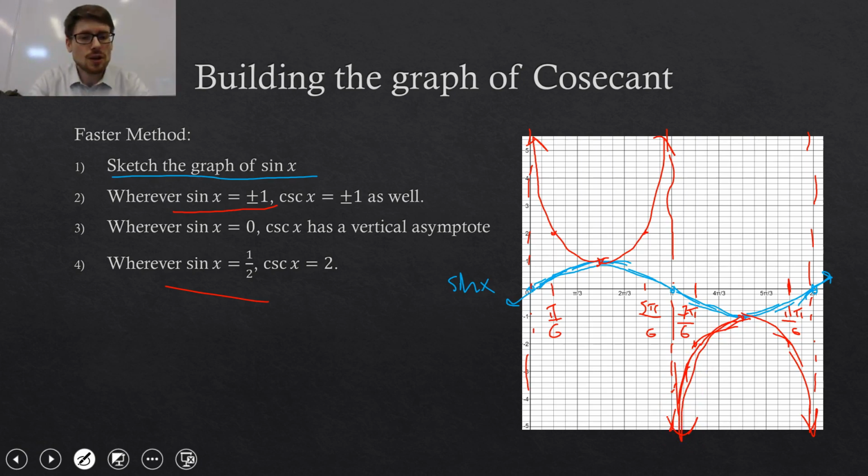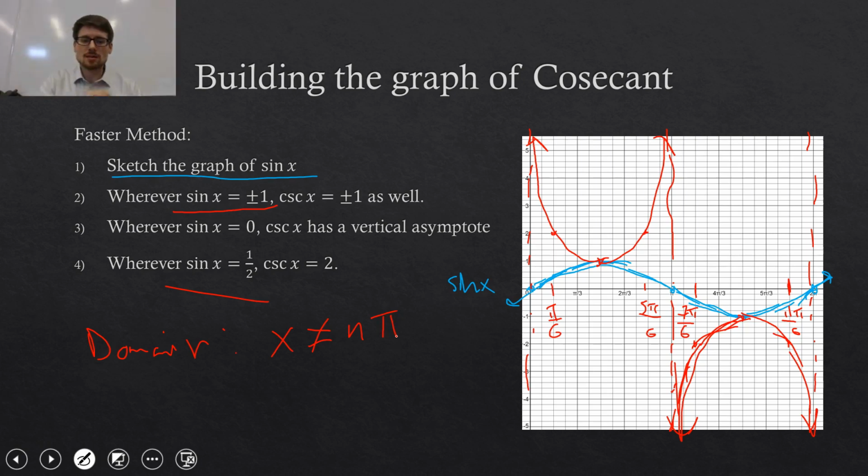Okay. So for cosecant, cosecant's domain. I forgot to say the domain and range of secant. We'll come back to that. The domain of this function, it would appear, is every x that's not a multiple of pi.